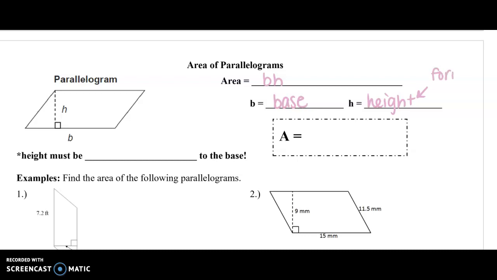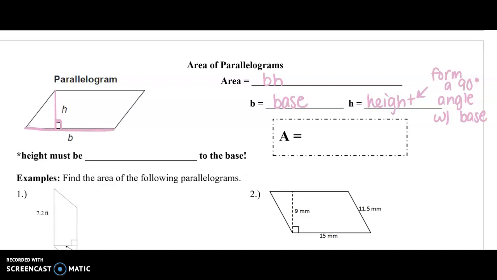It's always going to form a 90-degree angle with the base. Okay, so my height is always forming a 90-degree angle with my base.